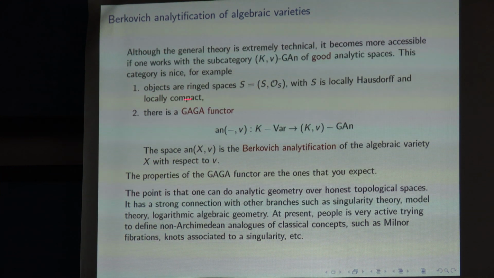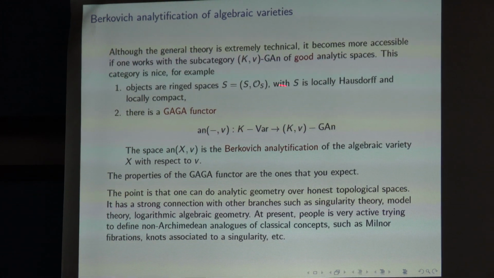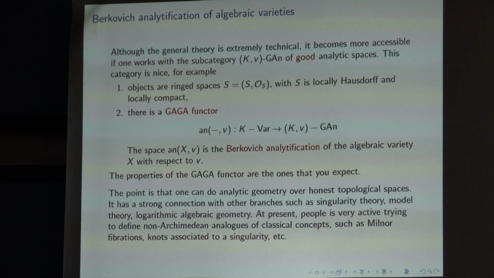So let me tell you that there is a subcategory which is called good analytic spaces. This subcategory is good because the objects in the category are true locally ringed spaces.